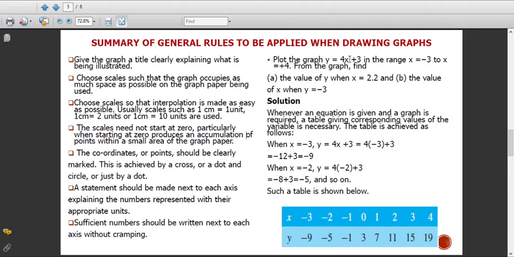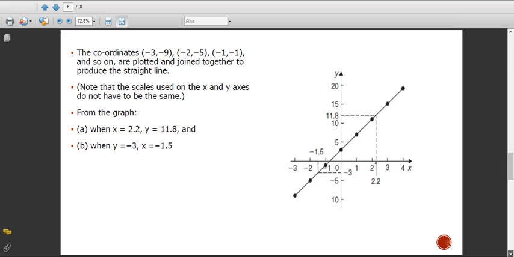When we add 3 to 16, we get 19, and that's the 19 that is here. So our corresponding values of y: when x is -3, y is -9; -2, -5; and 4, 19. That is always the first step. These are now the corresponding coordinates.